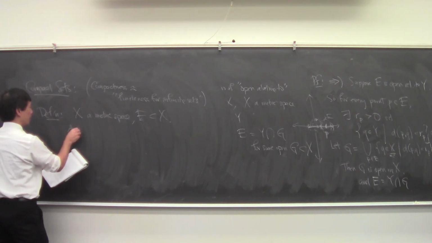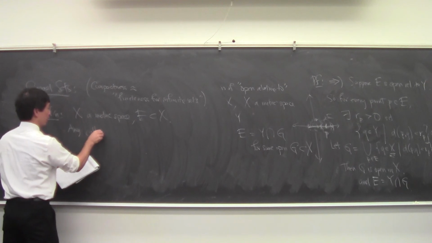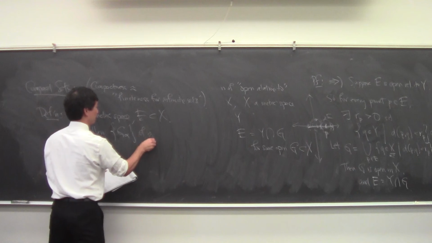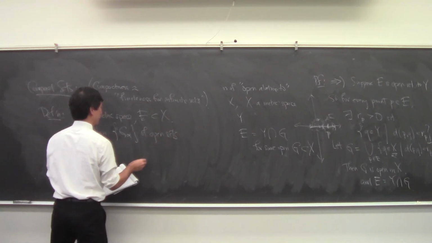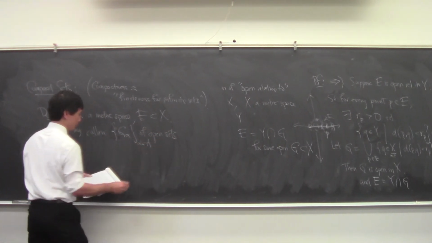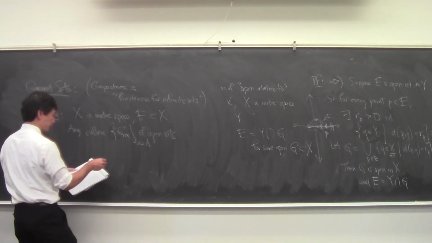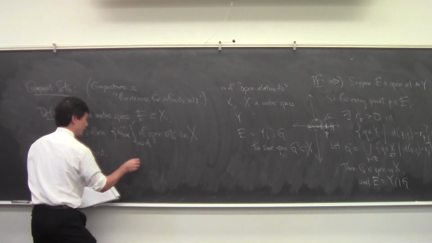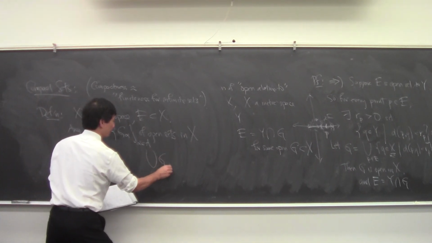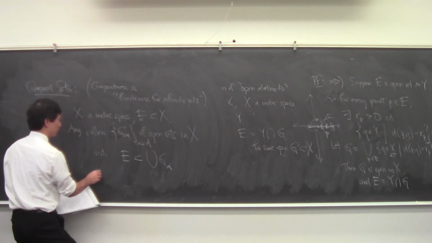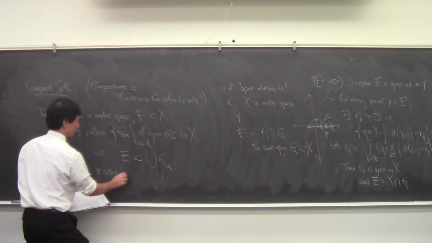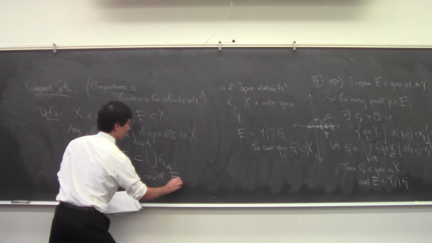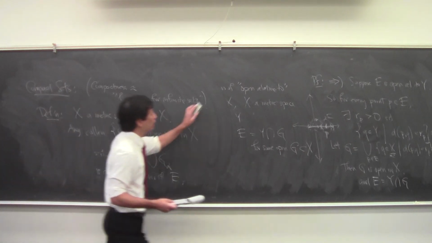Any collection of open sets G alpha, where alpha ranges over some set of indices, open sets in X, such that their union covers E is called an open cover of E.